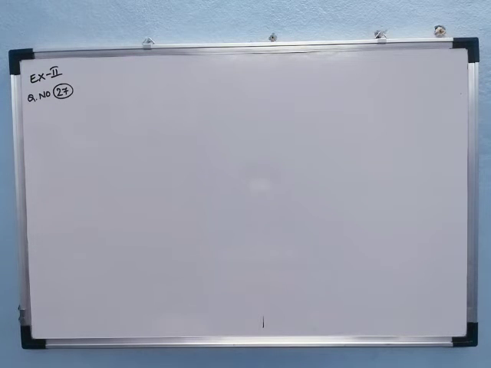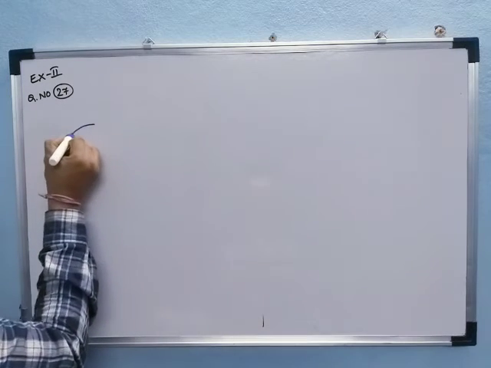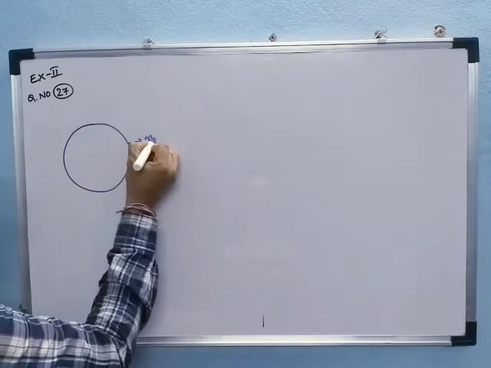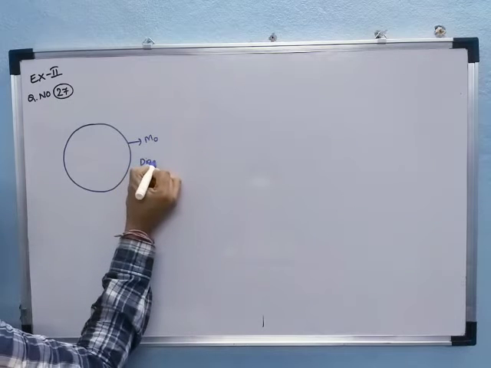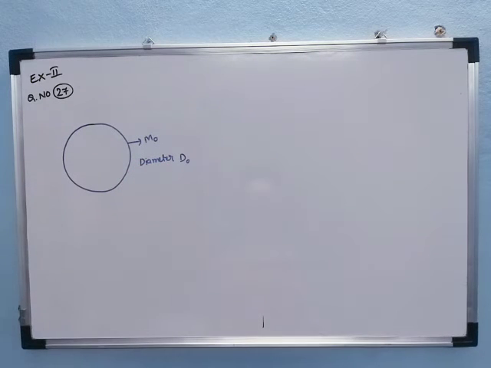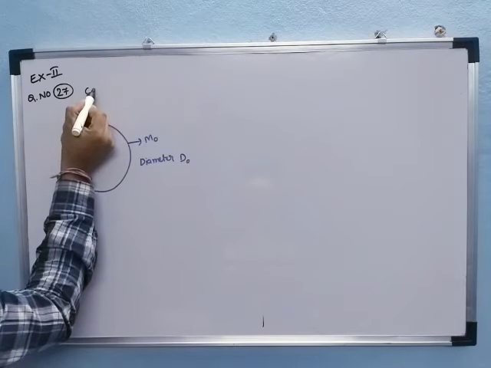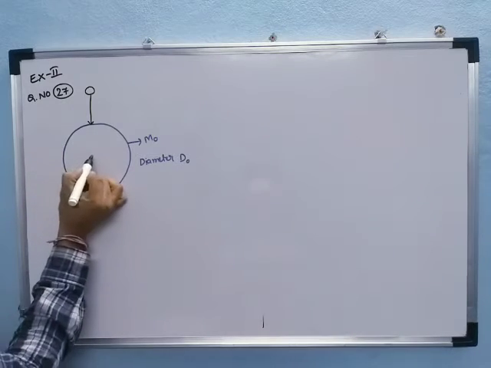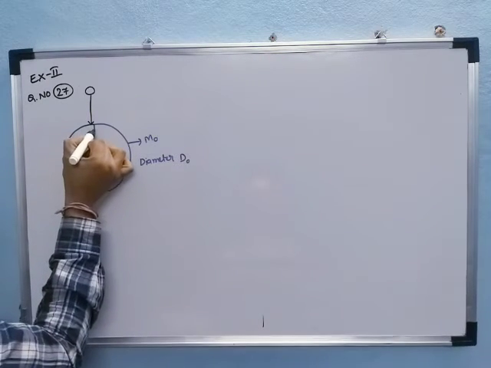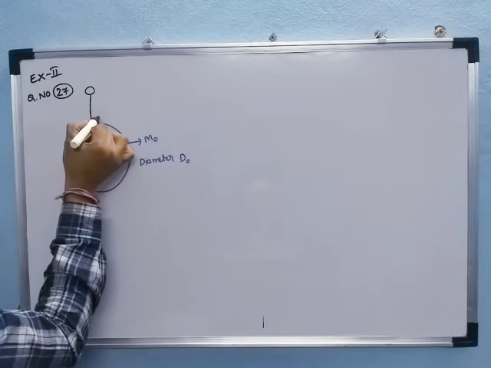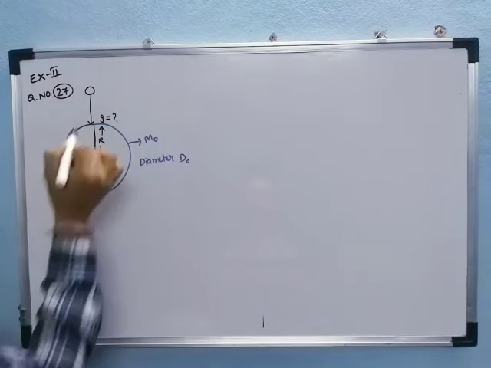See, here a spherical planet is given, and its mass is given by m0 and its diameter is given by d0. And there is another small sphere, freely falling and reaching the surface, and its radius is capital R. Then find out the acceleration due to gravity on the surface.